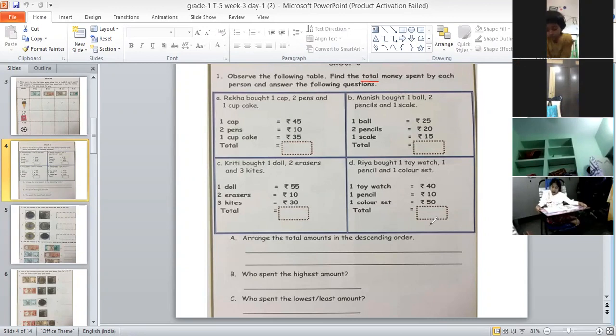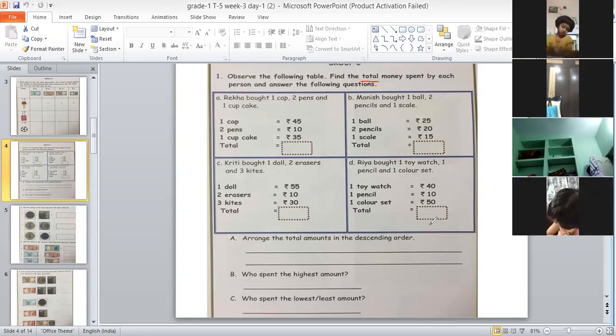Janvi, please read the first bit. Rekha bought 1 cap, 2 pens, and 1 cupcake.